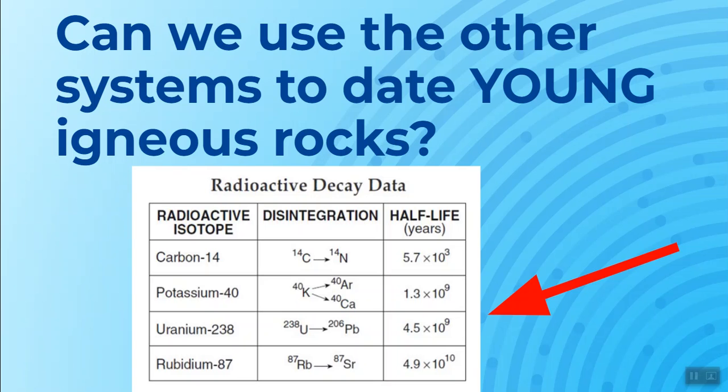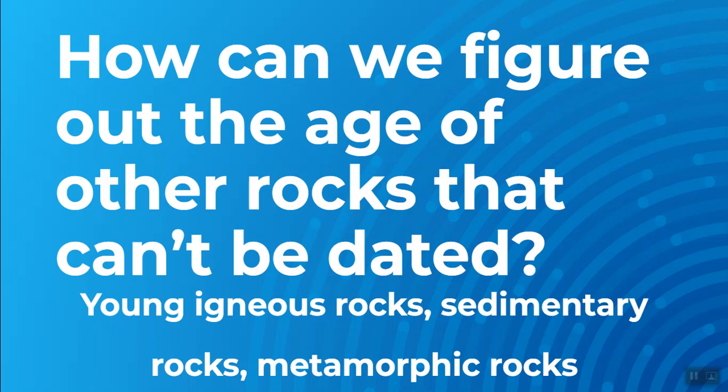It's really super hard to do with these long half-lives, but anything that's millions of years old, we can absolutely date using these systems. Younger ones that are in the thousands is really tricky, but there is a way to do it. So how can we figure out the age of other rocks that can't be dated? Young igneous rocks or sedimentary rocks or metamorphic rocks?